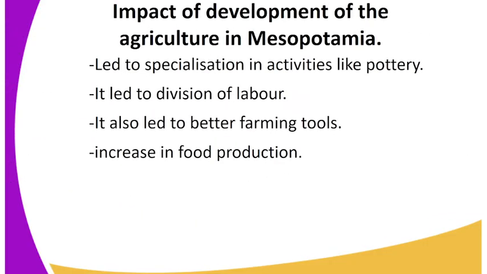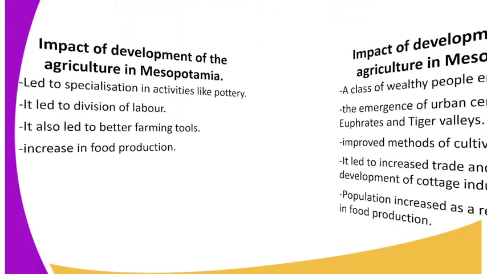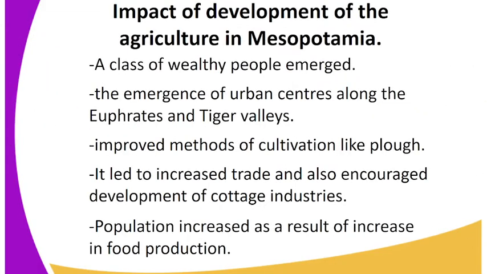Then you will realize that agriculture led to specialization, it led to division of labor, it led to better farming tools, and also increase in food production. A class of wealthy people emerged.